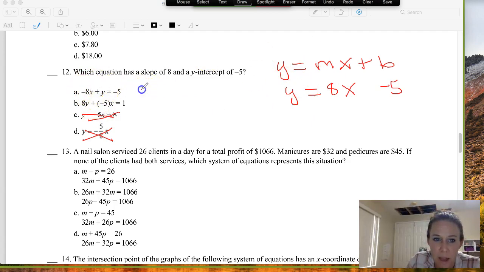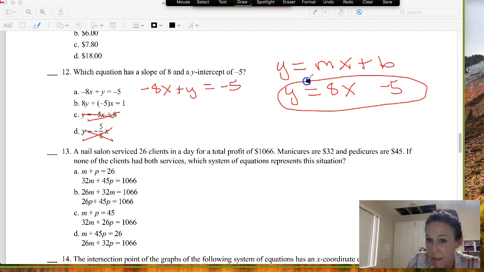So I'm going to solve that first one for y. -8x plus y equals -5. If I solve for y, so that y is on one side like this is, I would add 8x to this side. And I would get y equals 8x minus 5.